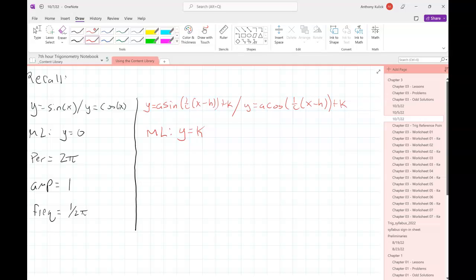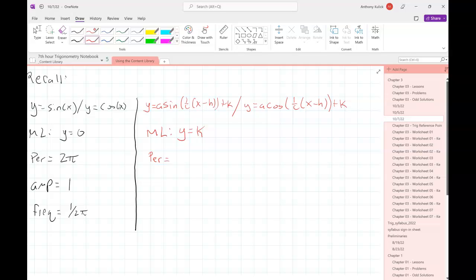All right, let's talk about the period. Remember, the period was the horizontal length of the longest non-repeating section of our graph. What type of transformation will change the period? So it was the horizontal distance or length of the longest non-repeating section of the graph.